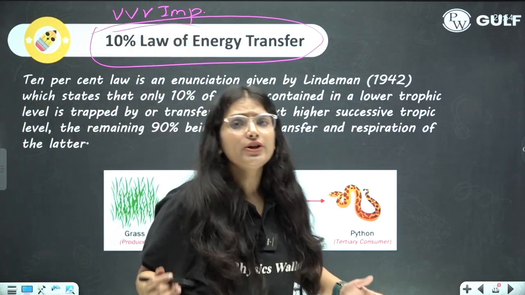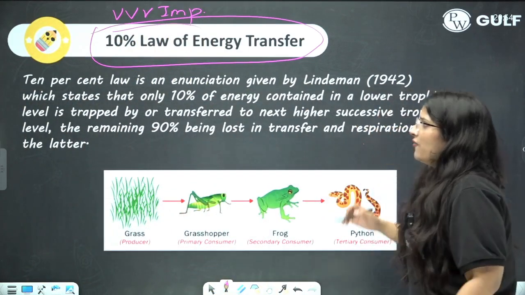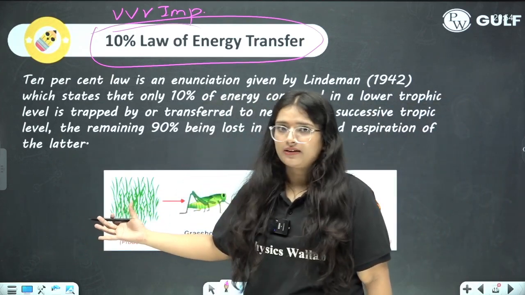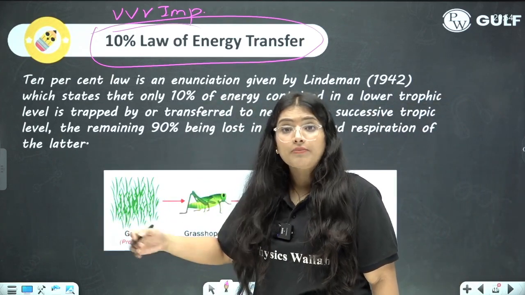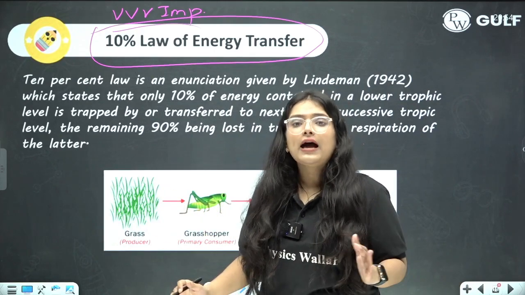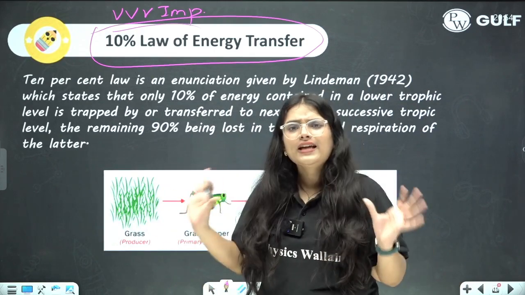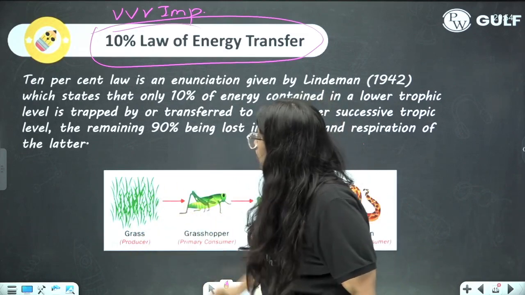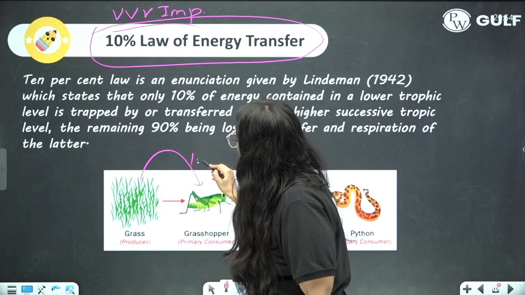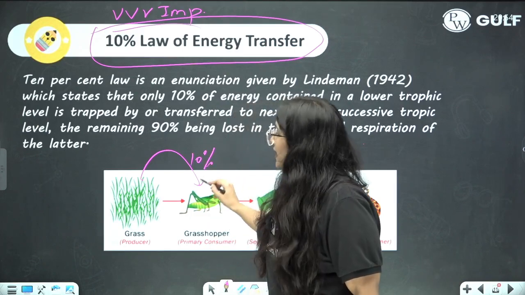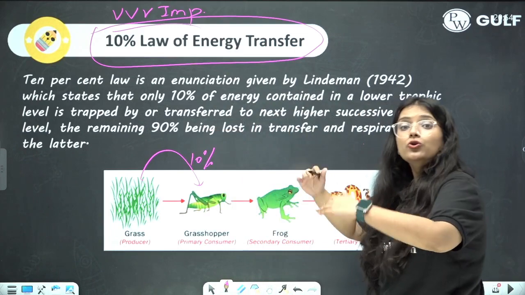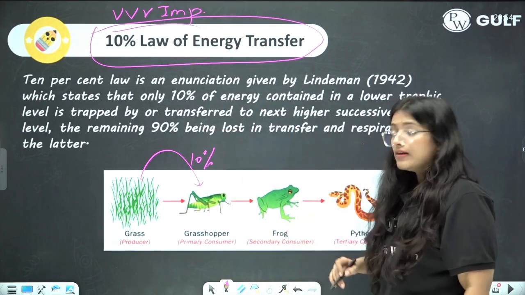Lindemann in 1942 gave this law, which says that when an organism is feeding on some other organism, maybe some producer, only 10% of the energy will get transferred to the next trophic level.